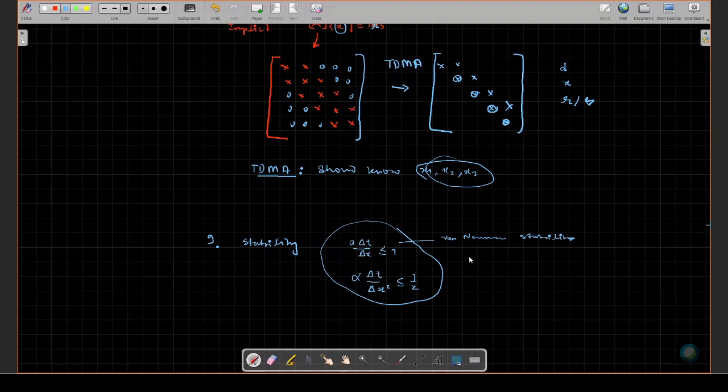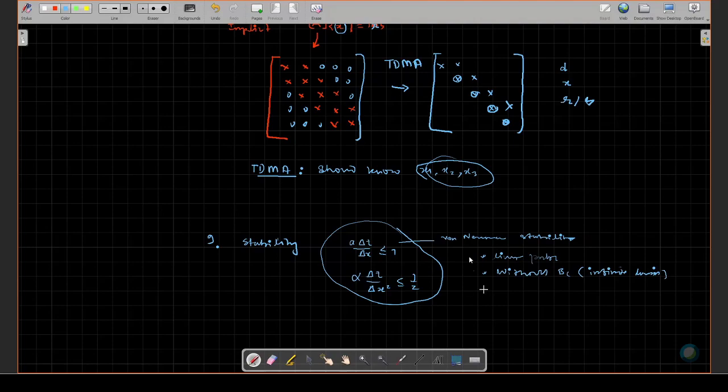But a point to be noted, which I already told in my lecture, is that von Neumann stability analysis has certain limitations. One of the limitations is that it is applicable for linear problems. There is no problem at all without boundary conditions, so without boundary conditions means an infinite domain. So it does not consider the stability or instability which comes due to boundary conditions.